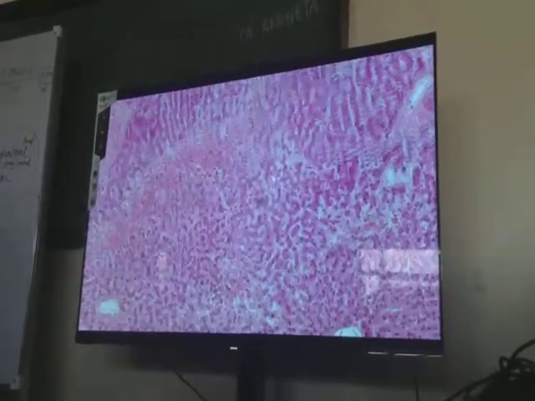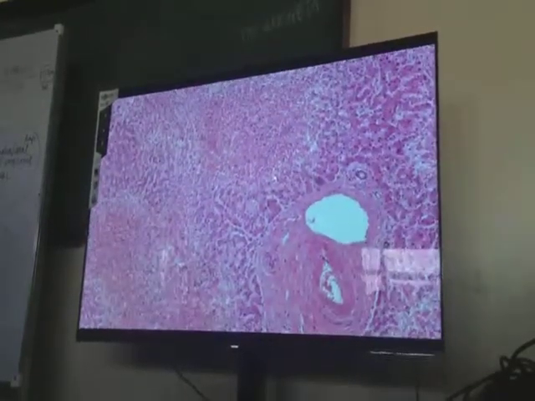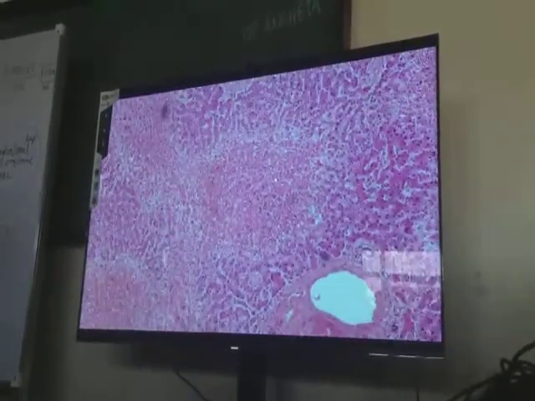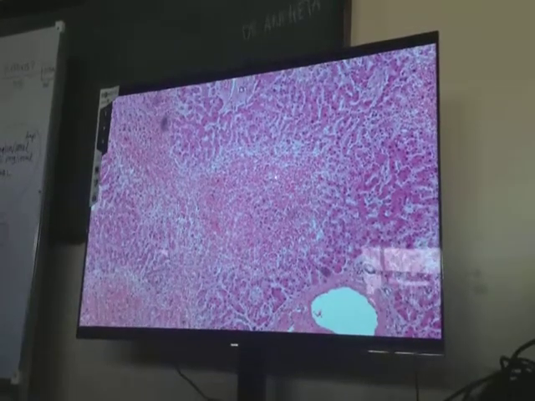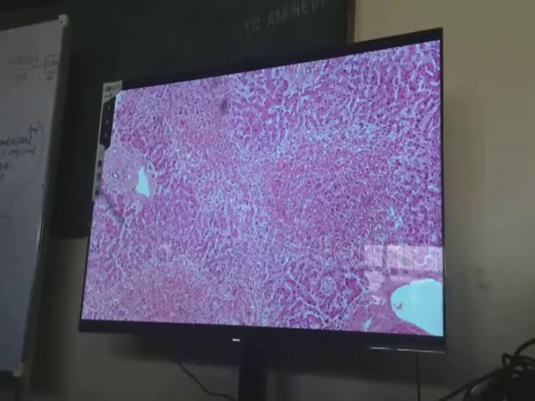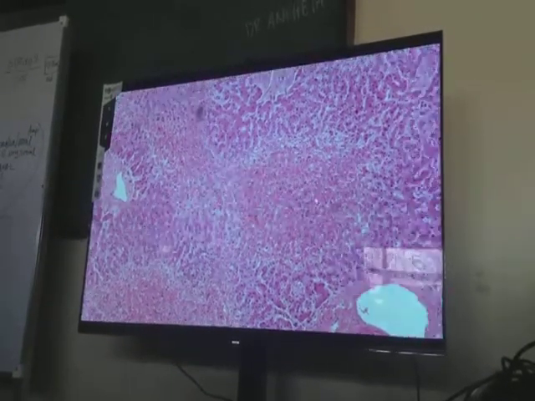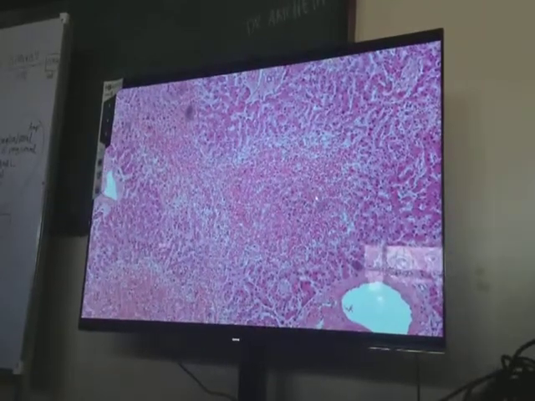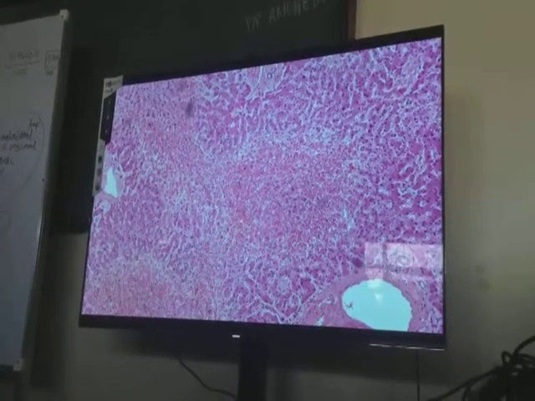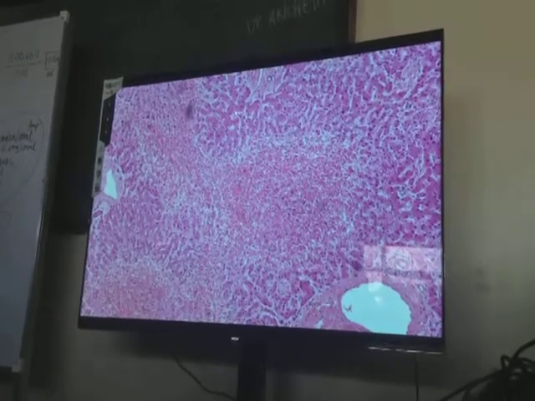Good. So here is a portal area, another portal area. So the triad of the portal area, and at the center should be the central vein. Now, at the periphery of that lobule, look at the appearance of the hepatocytes.